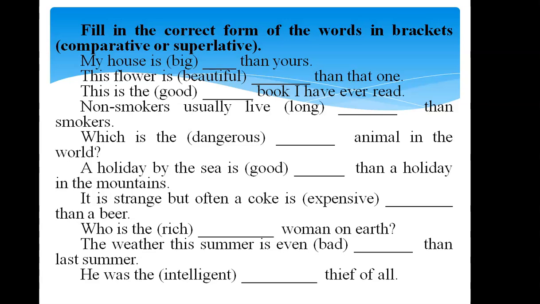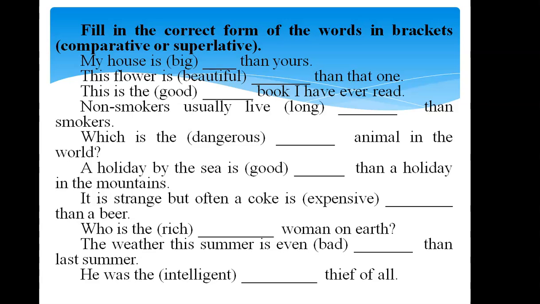Which is the most dangerous animal in the world? A holiday by the sea is better than a holiday in the mountains. It is strange, but often a Coke is more expensive than a beer.